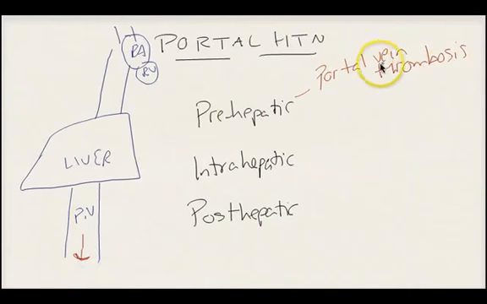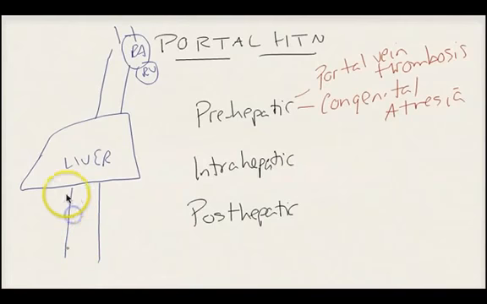The second most common cause is a congenital atresia. What that means is that there's a narrowing within that vessel. So instead of looking like this, the vessel may look like this. And obviously that's going to affect the pressure within the vein.